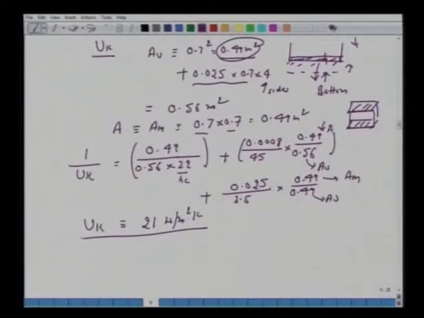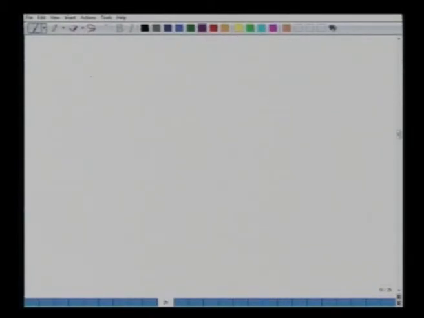Now go back to the big expressions which we obtained for NC and QS. All right, so let's rewrite these equations.